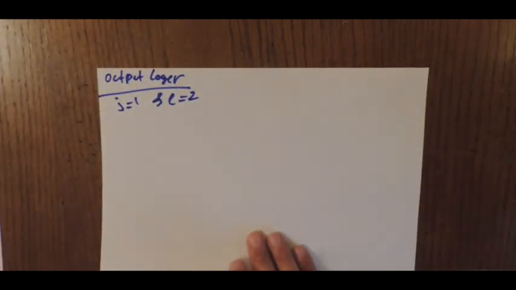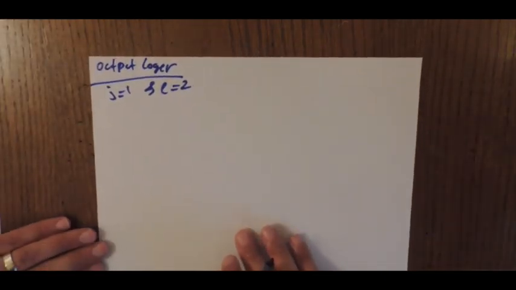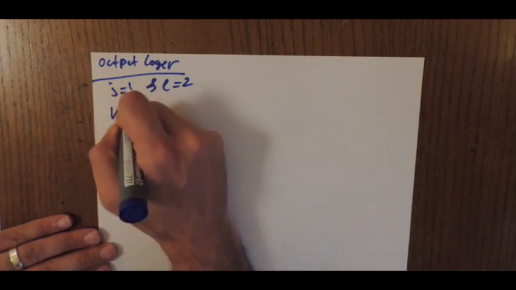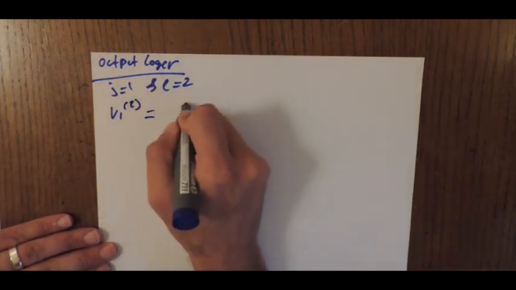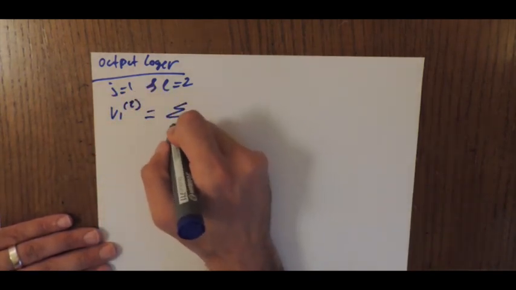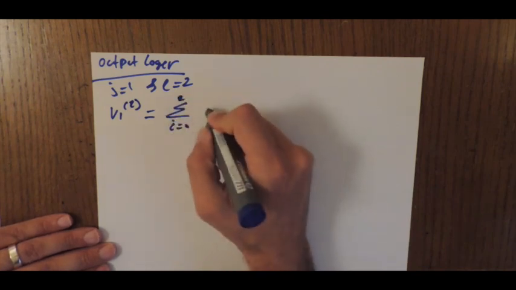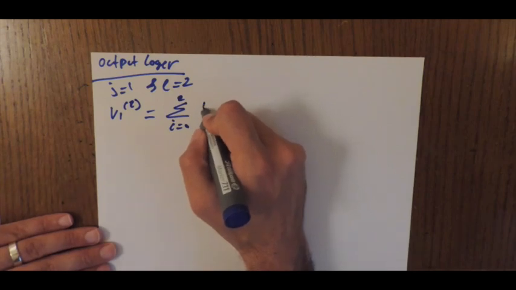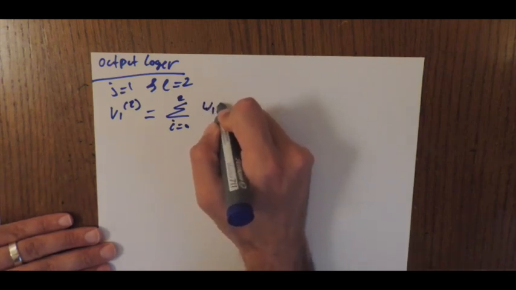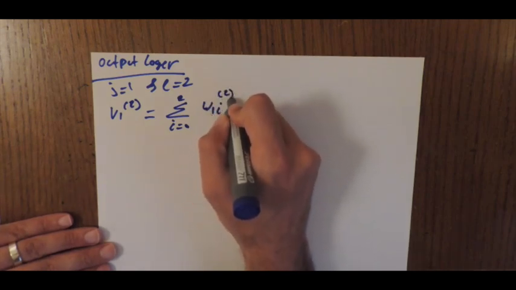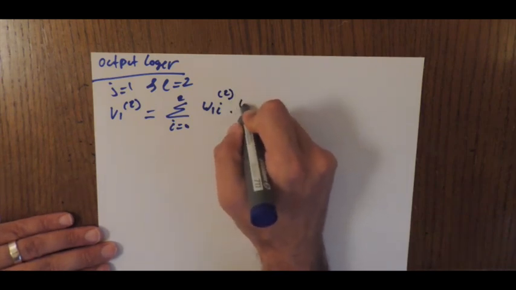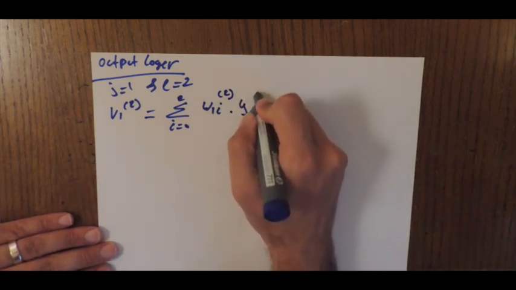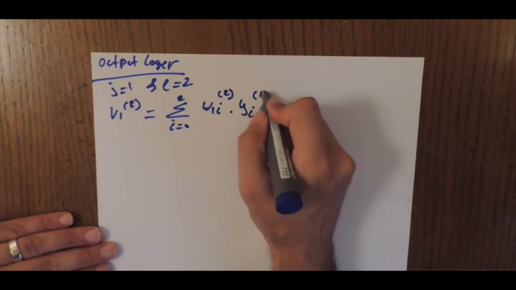So for this case, V1 of layer 2 is equal to the summation of i, of course, going from 0 to 2, of W1i of 2 times Yi of 1.